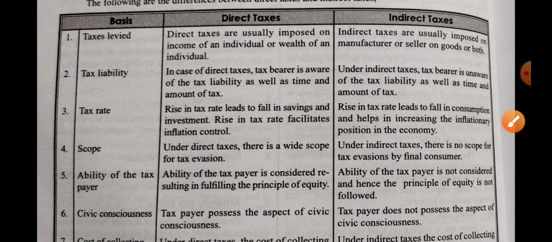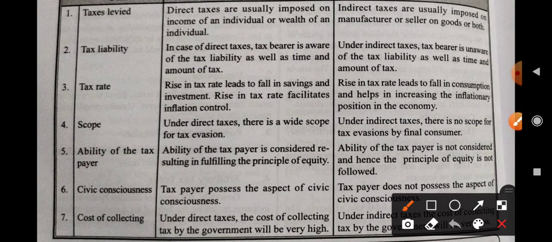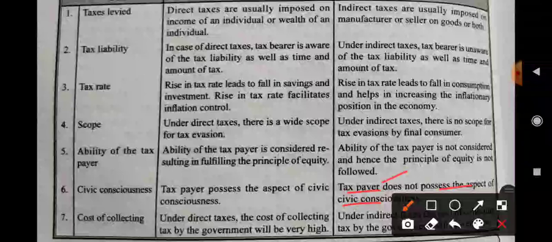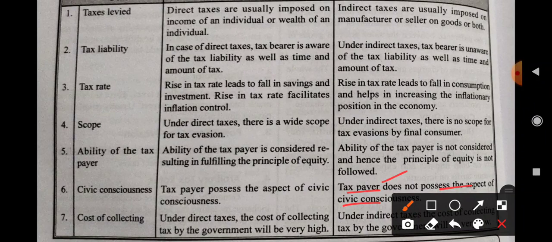Both whether it is direct or indirect tax, one has to have some aspect of civic consciousness, but without knowing. Here civic consciousness means without knowing you are paying the indirect tax, because it is indirect pinch, you don't know. Someone comes and pinches you and you don't know, that is indirect tax.